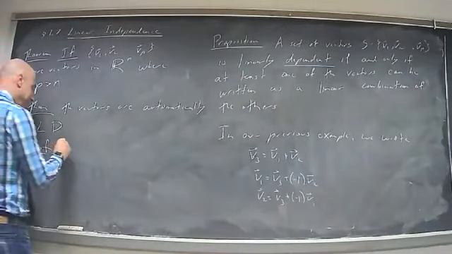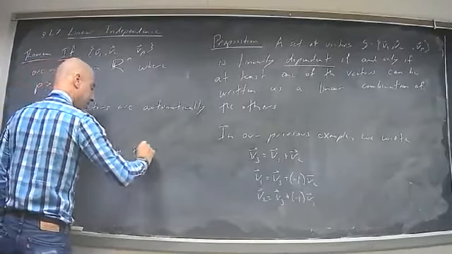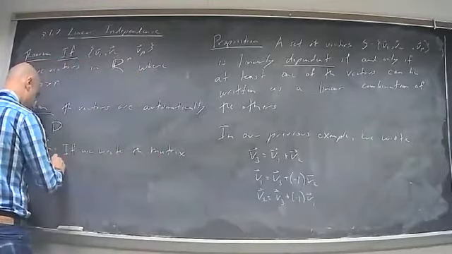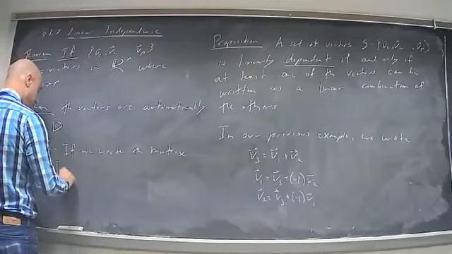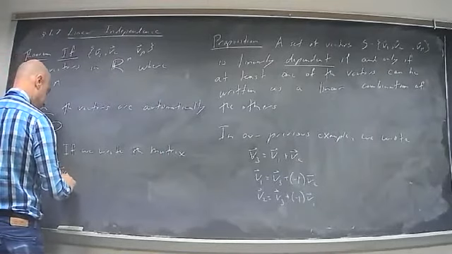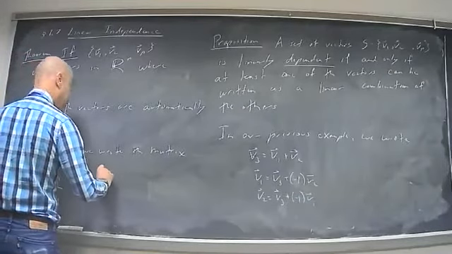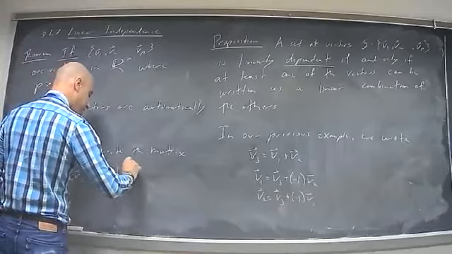If we write the matrix where the first column is v1, and the second column is v2, all the way up to the pth column, which is vp, vertical bar, then the zero vector.